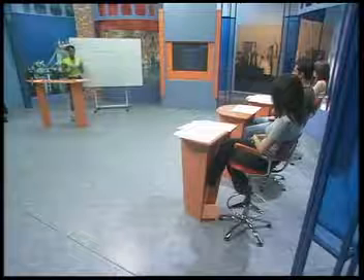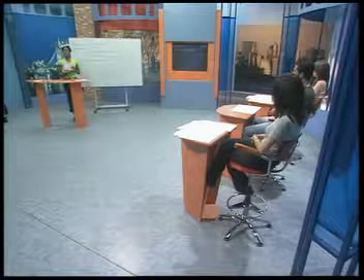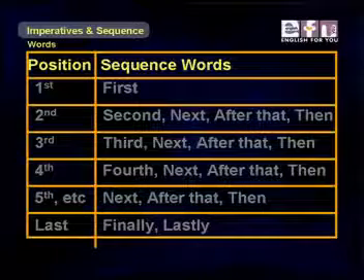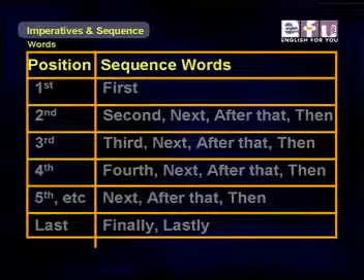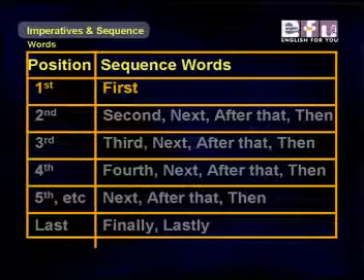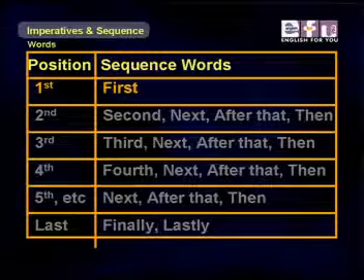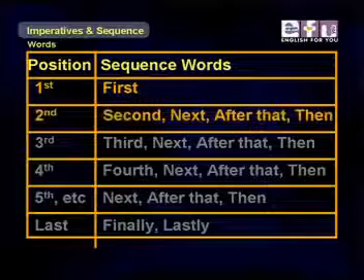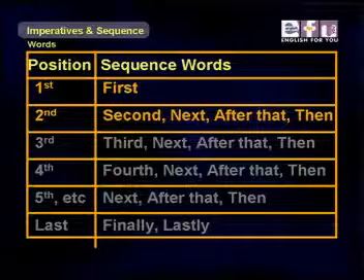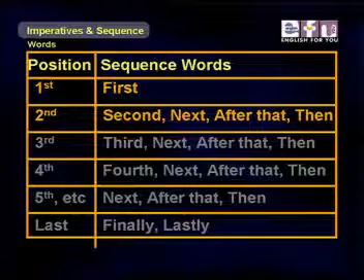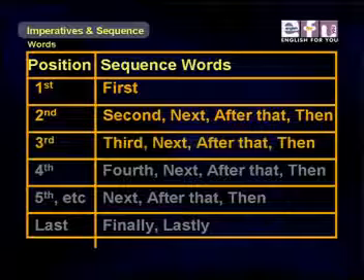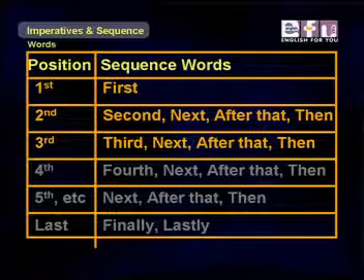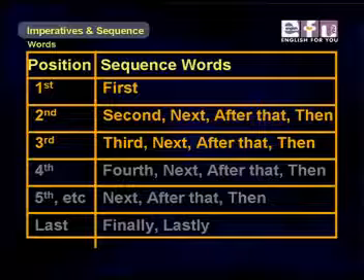Okay, very good. Let's take a look at a chart to help us understand sequence words. Okay, the instruction in the first position, we use first. For the instruction that follows, we can say second, next, after that, or then. For the third instruction, we can say third, or again, we can say next, after that, or then.